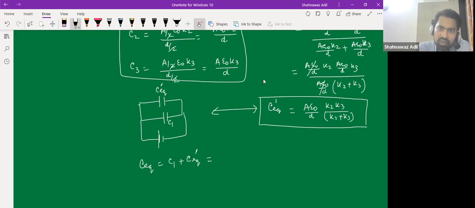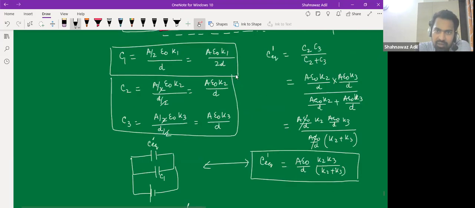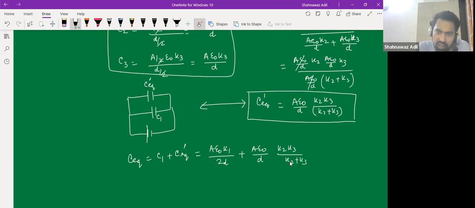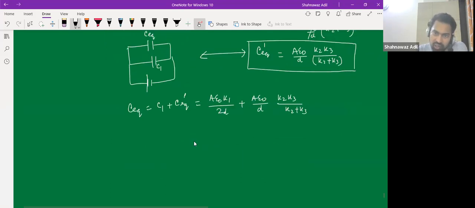C1 we have calculated, which is A epsilon naught K1 by 2D. So A epsilon naught K1 by 2D plus A epsilon naught by D, K2 K3 by K2 plus K3. And we can take A epsilon naught by D common. So this is K1 by 2 and K2 K3 by K2 plus K3, right?